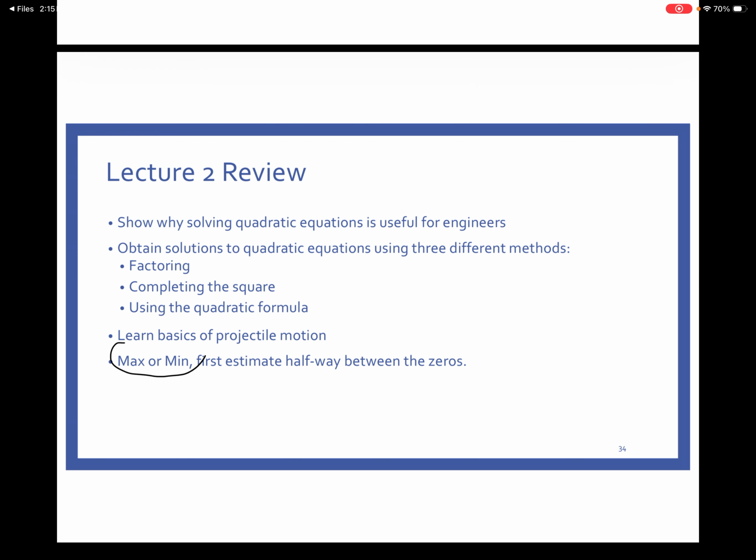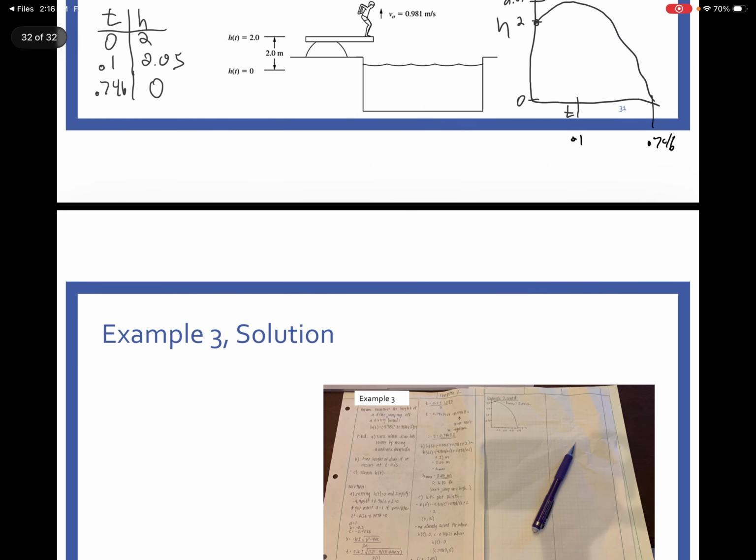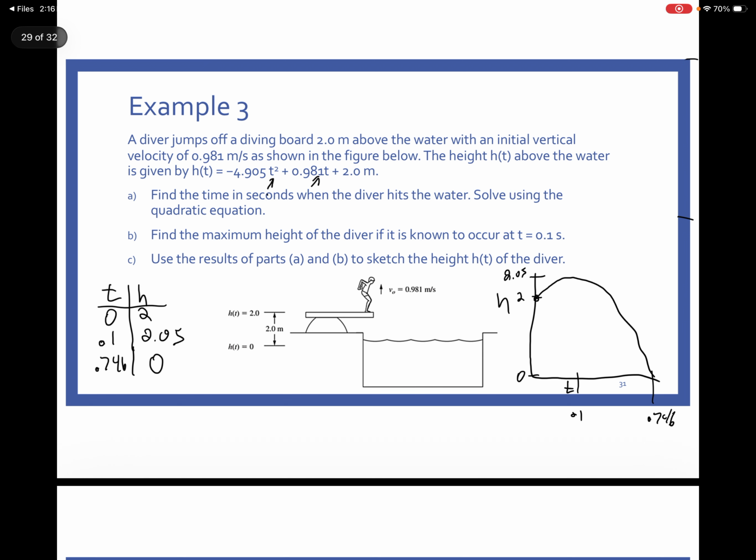And the last part is the max or the min is halfway between the 0 values. So if we go back to this problem, if we continue this back, the maximum would be at 0.1, halfway between. Again, if we carried that back to our negative value that we would have had for the other 0.